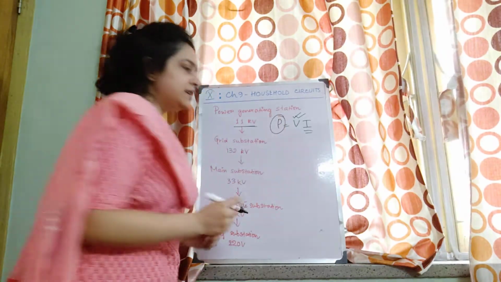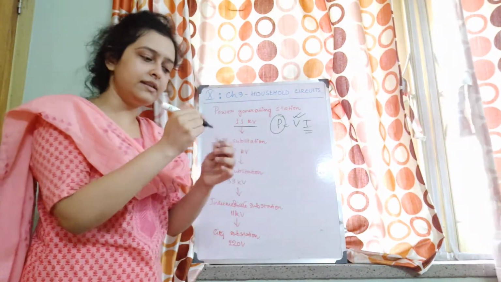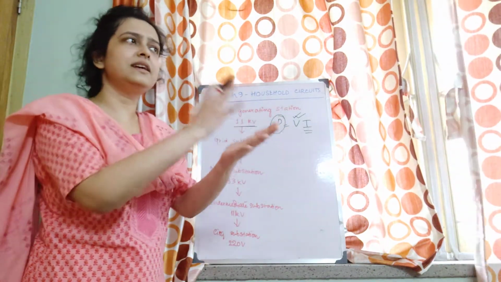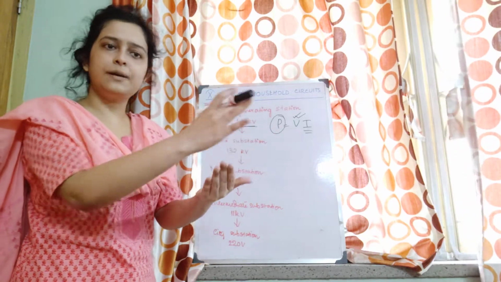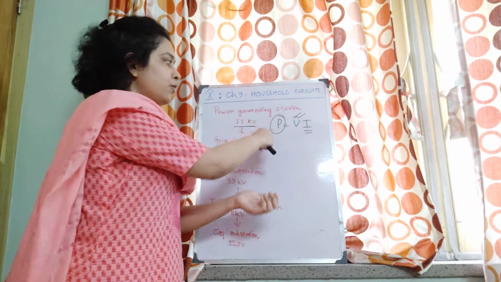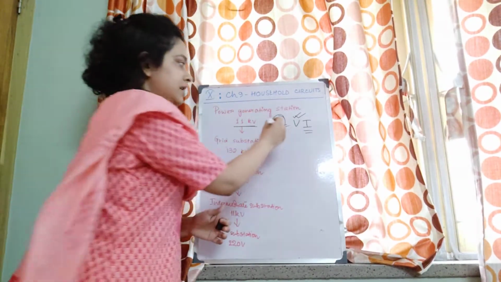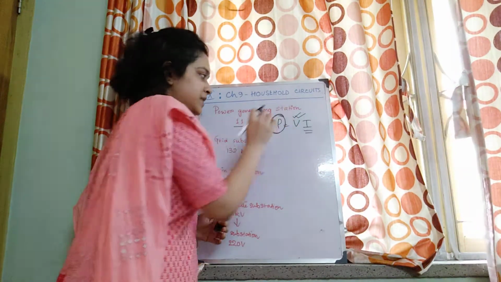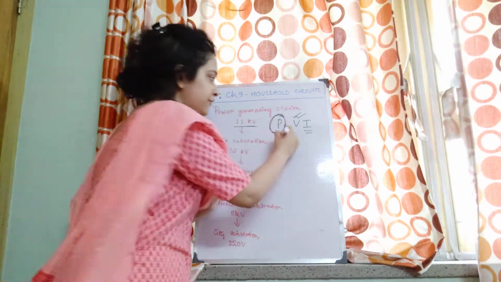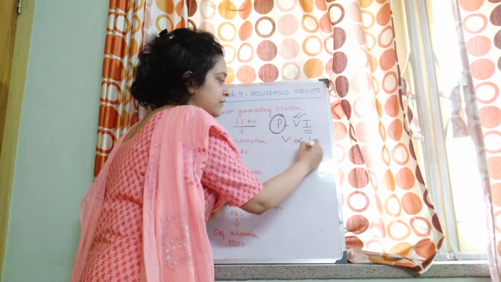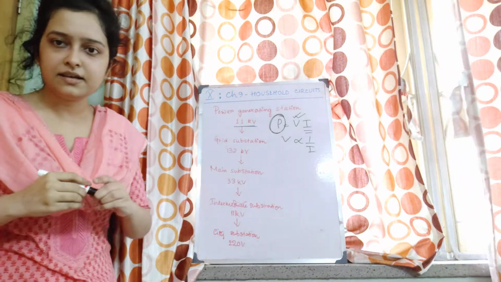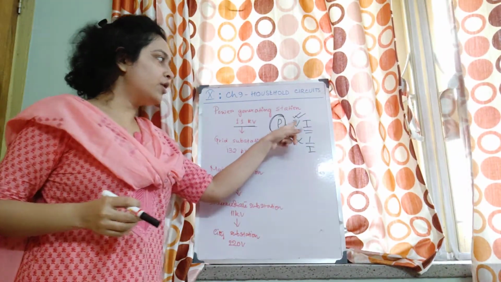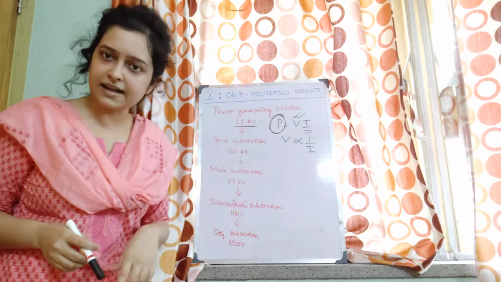P is constant, because we are supplying the same electric power. So for that certain power, V is inversely proportional to the current. That means the more the voltage, the less the current.